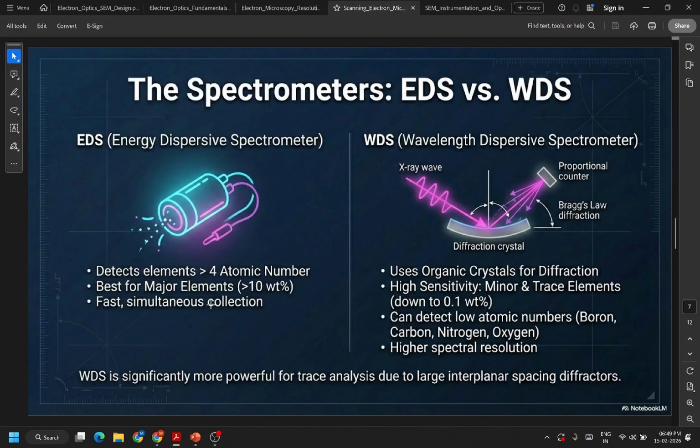Then there are two types of spectrometers used, which are EDS and WDS. So EDS is your energy dispersive spectrometer, and WDS is your wavelength dispersive spectrometer.